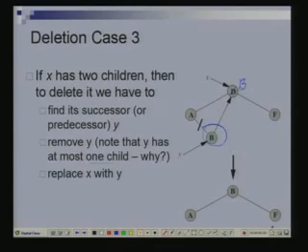Okay. Why can I move this here? Why would the search property not get violated by moving the content of B here? Because B was the predecessor of D, everything in this left subtree was less than D, and B is the largest element in this left subtree.